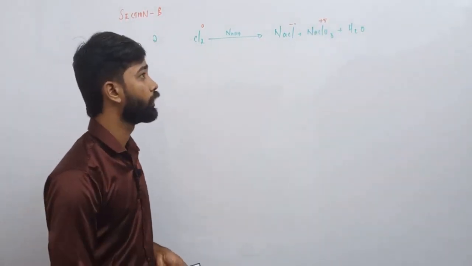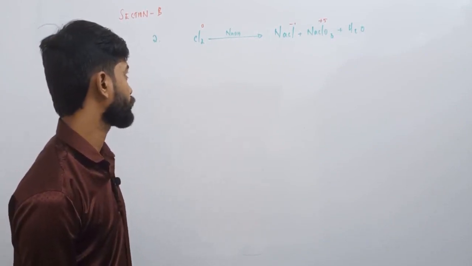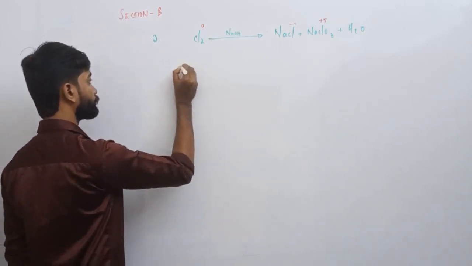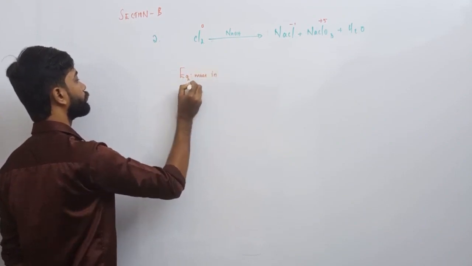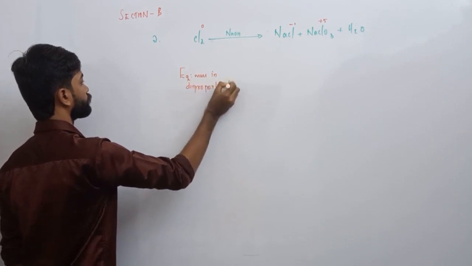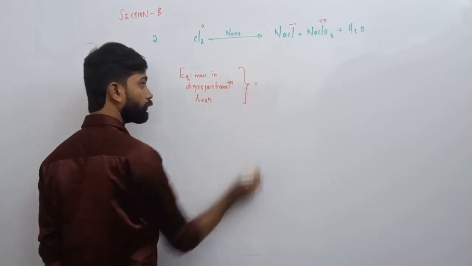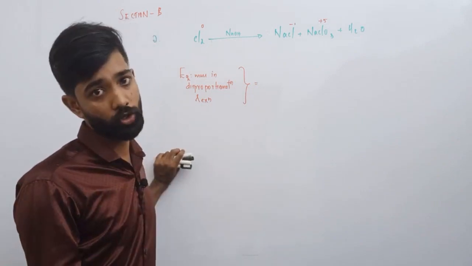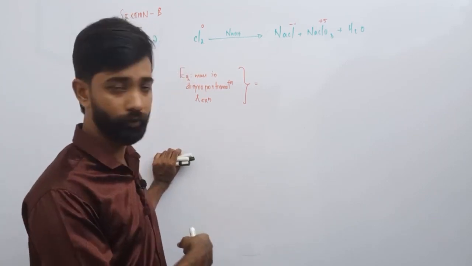Ready? So, in the case of a disproportionation reaction, you know that a disproportionation reaction means the same element undergoes oxidation and reduction, and you are asked to find the equivalent mass of that typical element, here chlorine.